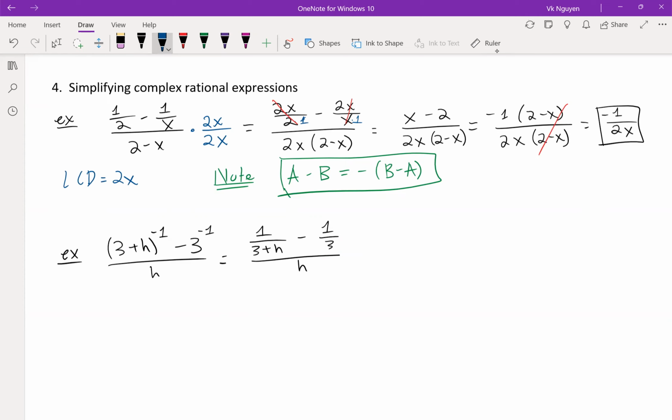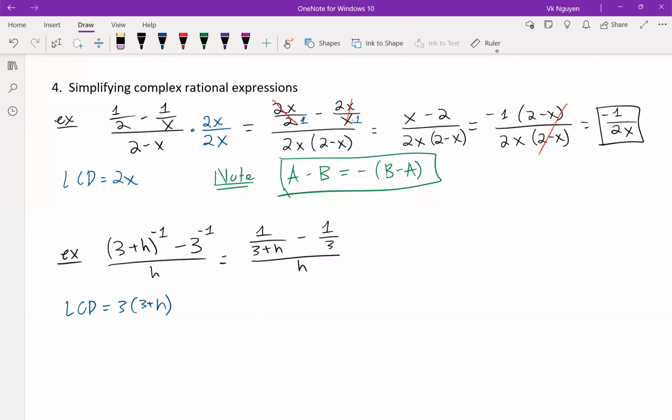From here we see that, oh, we have a fraction on the top of the rational expression. So 2 different denominators. LCD is 3 times 3 plus h.